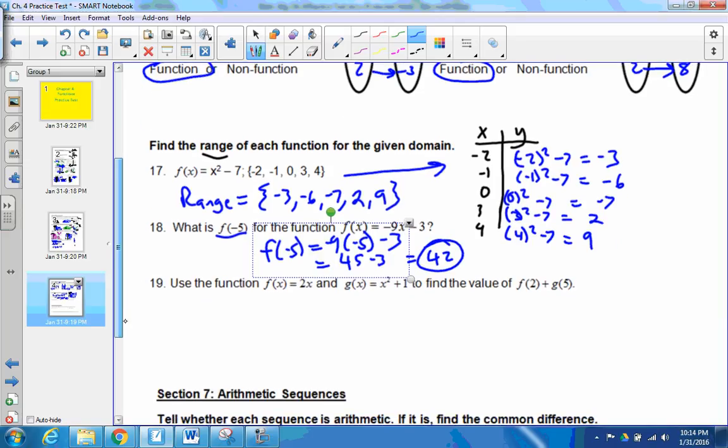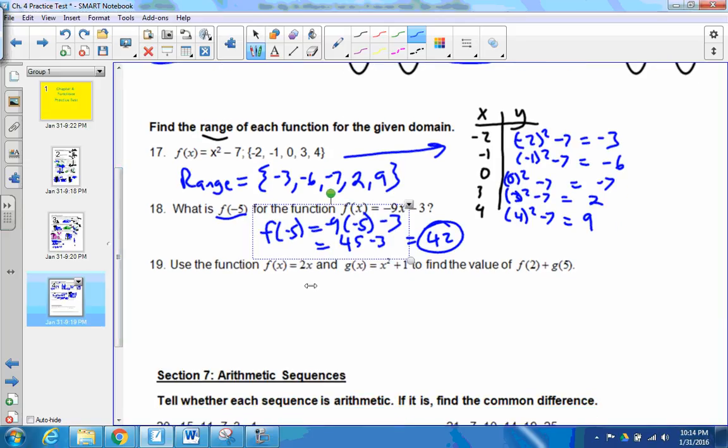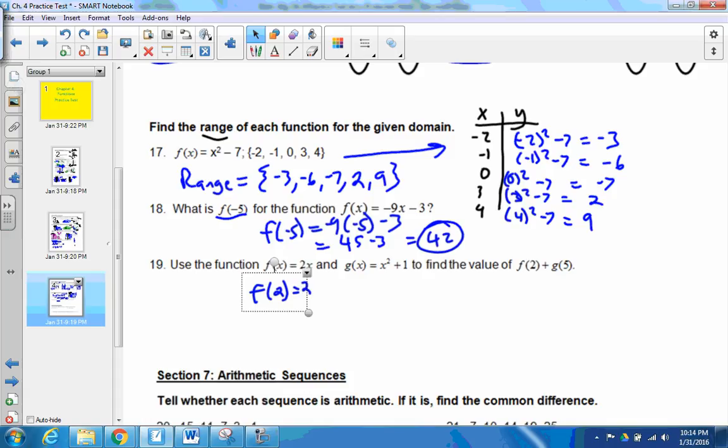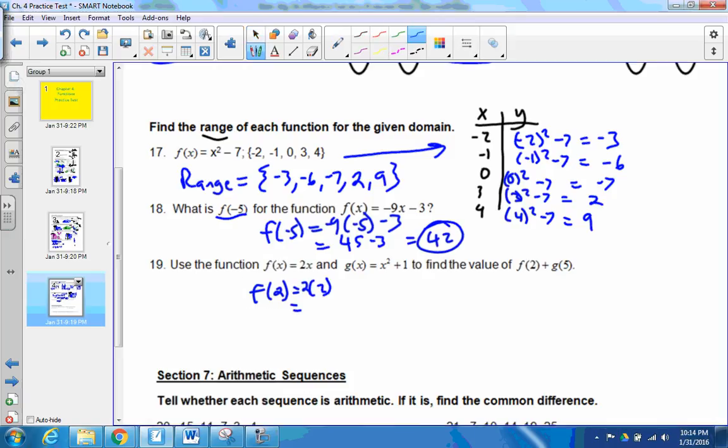All right, and then number 19, use the function. We have two different functions, and we want to find f of 2 plus g of 5. So f of 2 would be 2 times 2, which equals 4. g of 5 would be 5 squared plus 1, which would be 25 plus 1, which is 26.